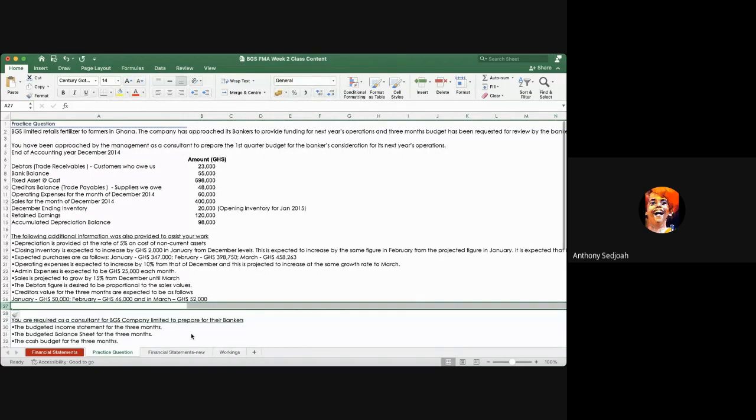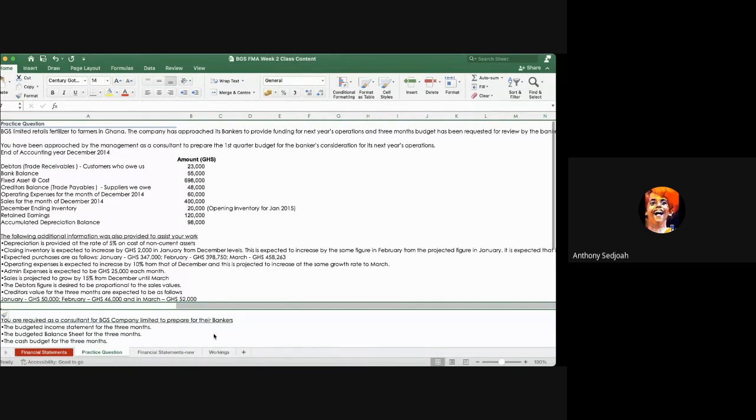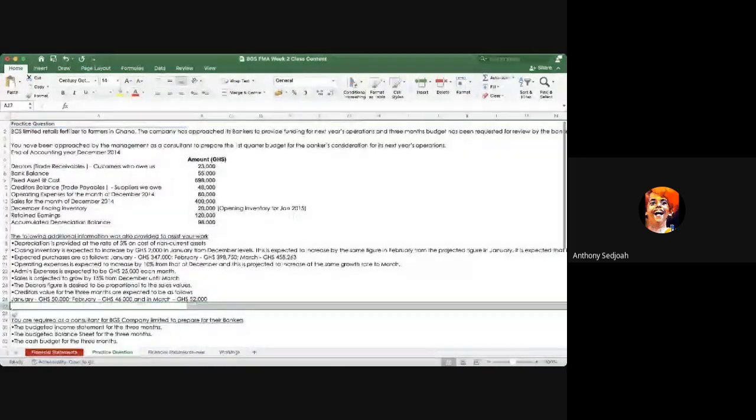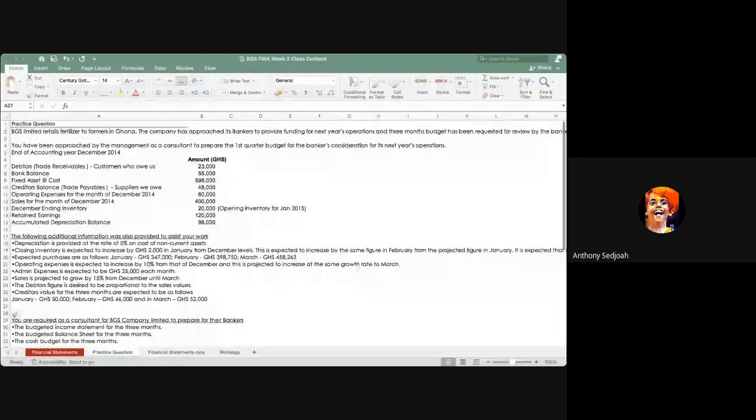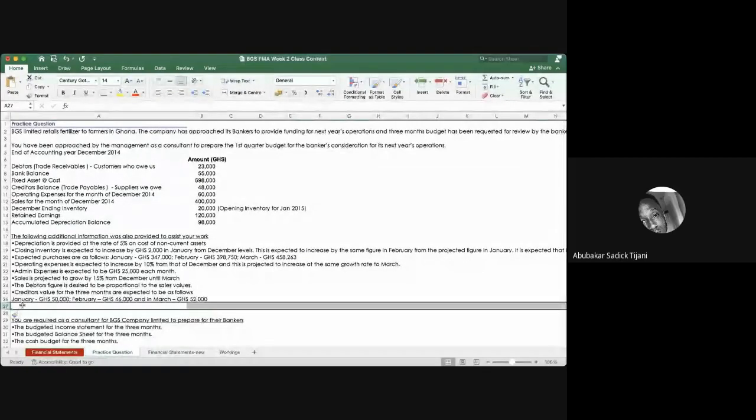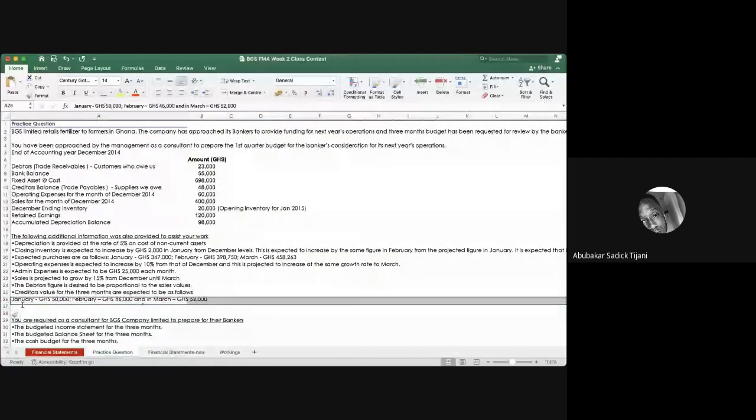How many of you do accounting here? Abubakar, do you know how to calculate the capital from this question? Are we calculating the equity?